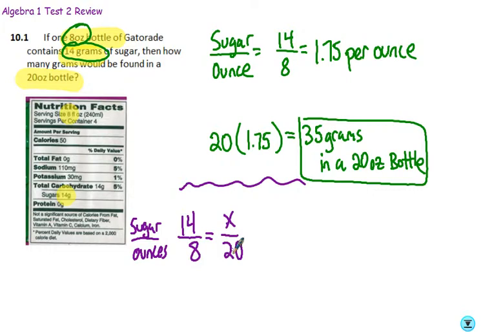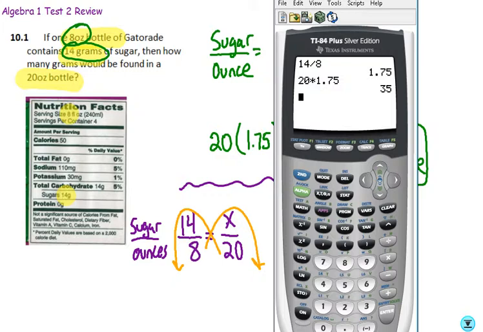So to solve for x, because you have a ratio here, a proportion, you can cross multiply. So I would say 8 times x to get 8x, and then 14 times 20, which is going to give me 280. We can multiply that out just to make sure.